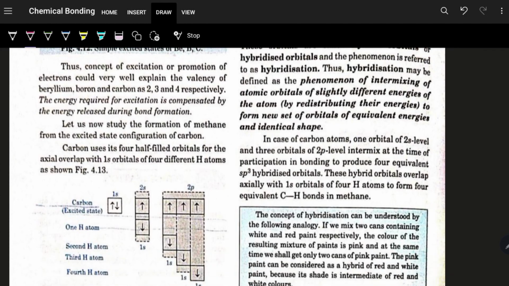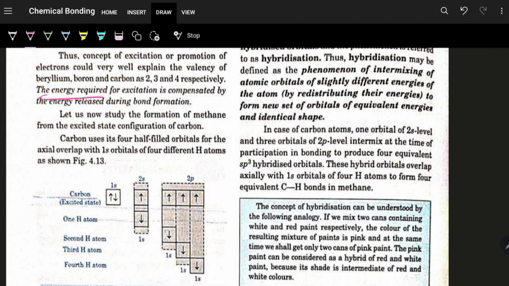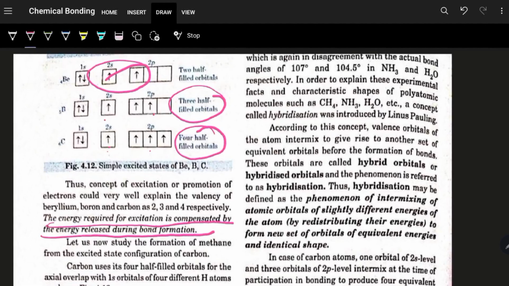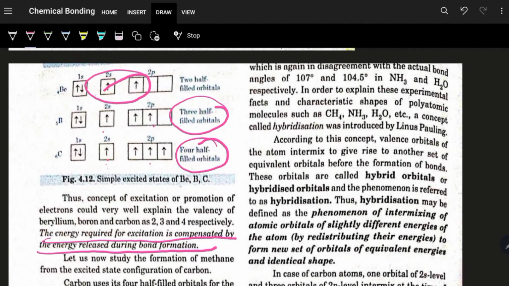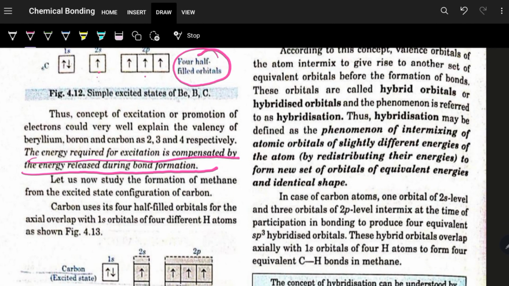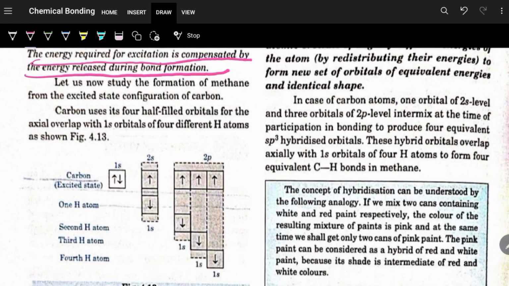So next, the energy required for excitation is compensated by the energy released during the bond formation. You need energy in order to obtain the excited state electronic configuration, in order to move the electron from one orbital to the other, from one subshell to the other. And this is compensated by the release of energy during the bond formation.